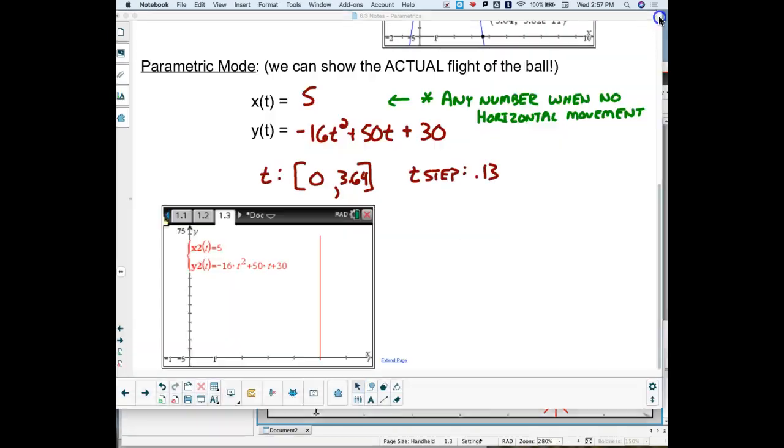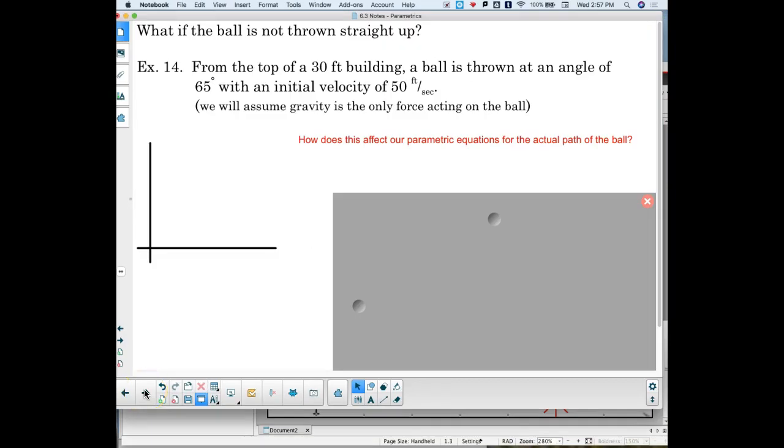So to adjust this, if we're not throwing it straight up, so let's say now I'm standing on top of West, and I throw the ball out at an angle.